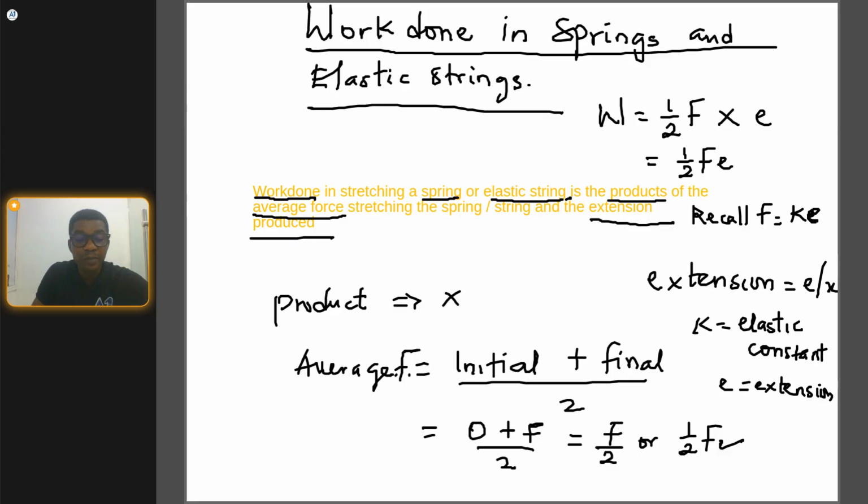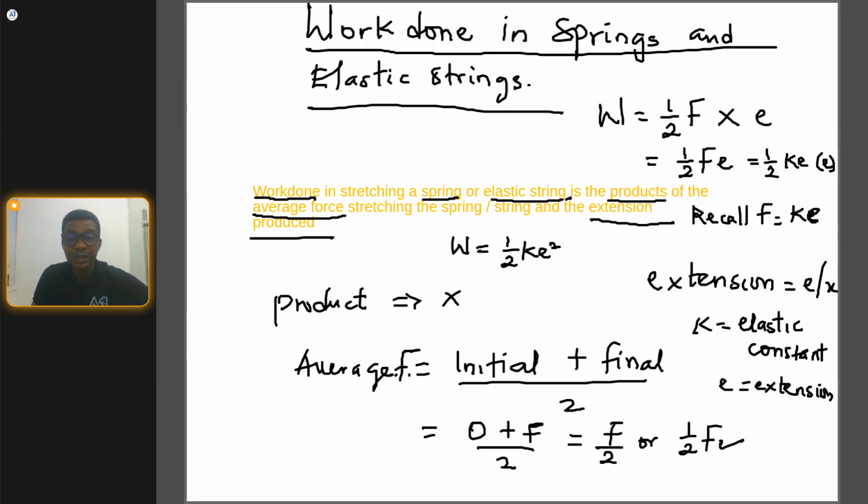So if I replace F now by this formula, I'm going to have 1 over 2 Ke into bracket E. And when you simplify this, your final formula is going to be work done is equal to 1 over 2 Ke squared. That will be the formula for work done.